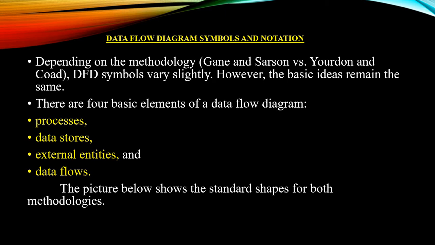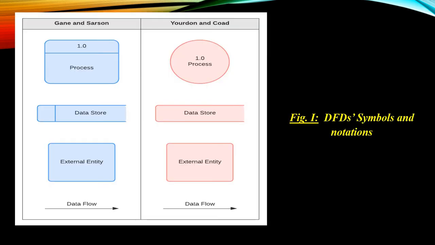Number 3, external entities or the source. And next we have data flow. Now let us see these different notations. See the notation between Gane and Sarson and Yourdon and Coad. There are certain differences and there are certain similarities as well.